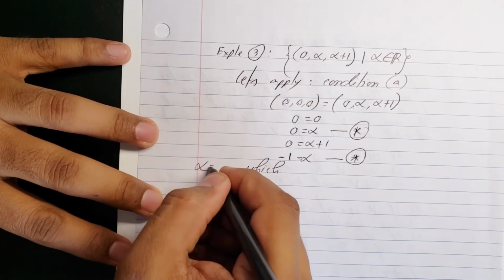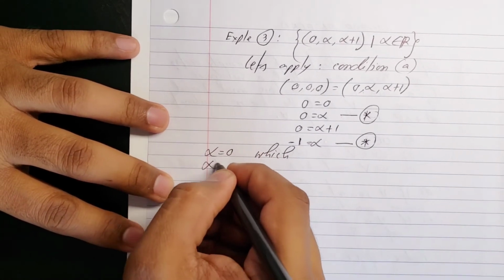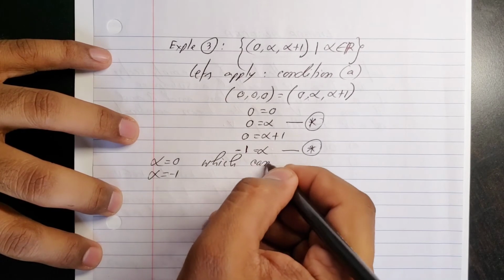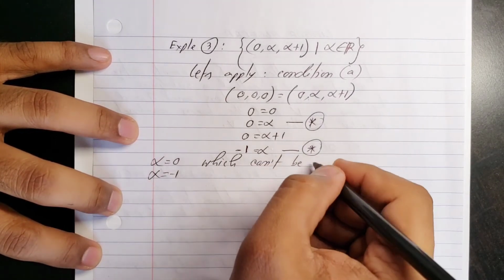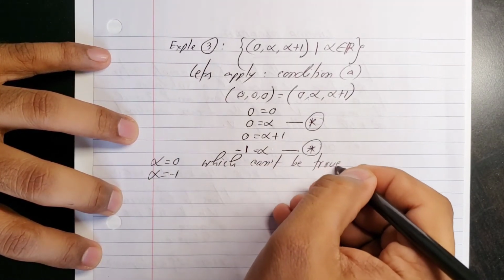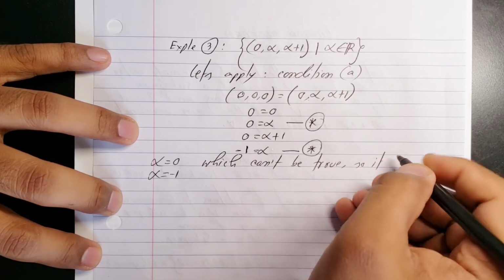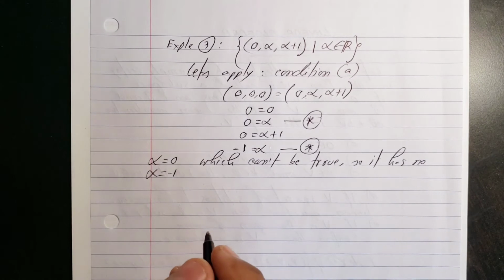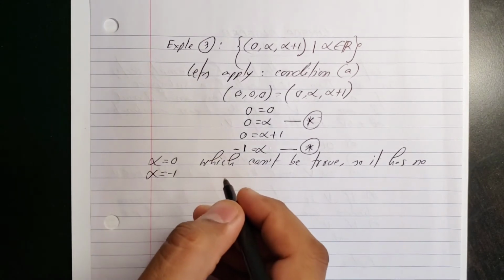Alpha is 0 and alpha is again negative 1, which cannot be true. So it has no solution.